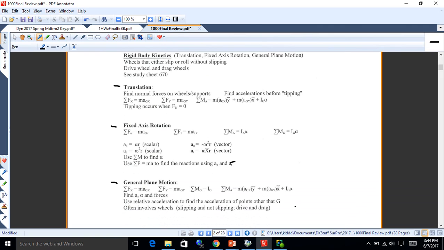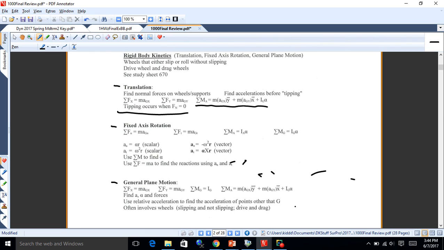You're finding normal forces on wheels or supports, and you're finding accelerations before something tips. The main thing you end up doing on that is the inertial moments equation. And tipping occurs when a normal force on one of the supports or wheels hits zero.